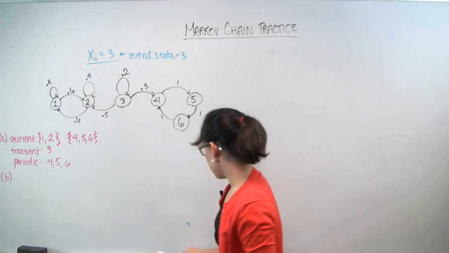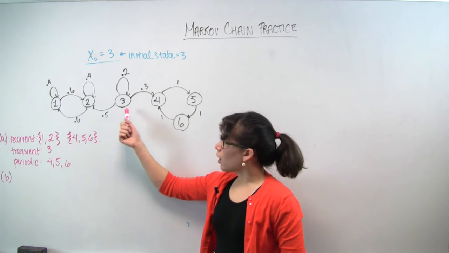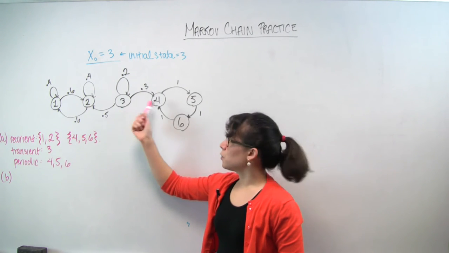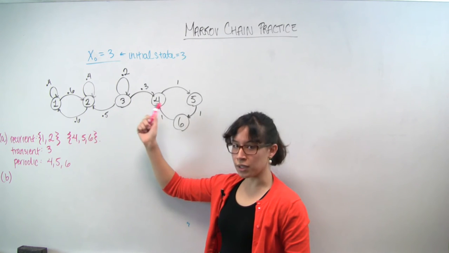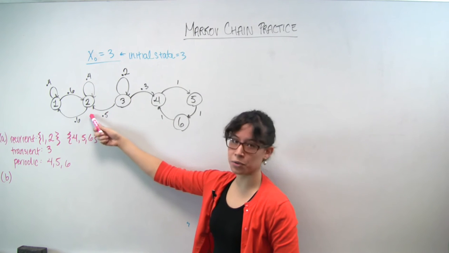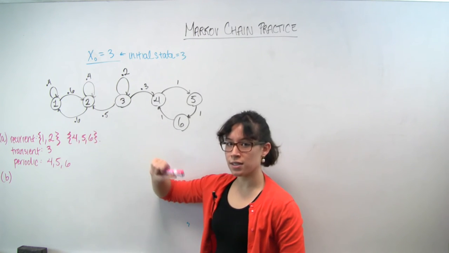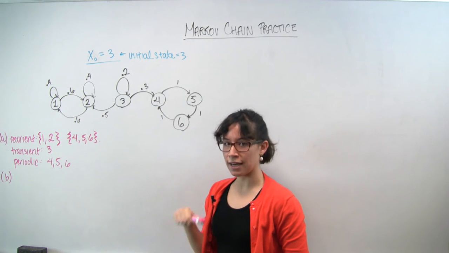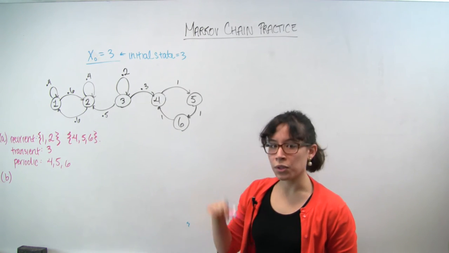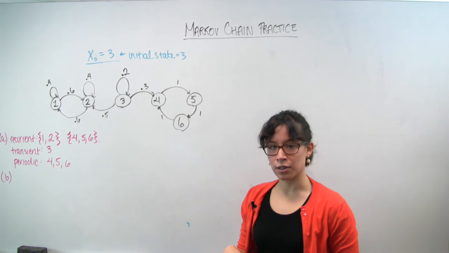So let's think about this a second. If you are in 3 and you go to 4, you can never get back to 3, right? Similarly, if you're in 3 and you go to 2, you can never get back to 3. So for the process to still be in state 3 after n time steps, the only place you can go is state 3 itself.